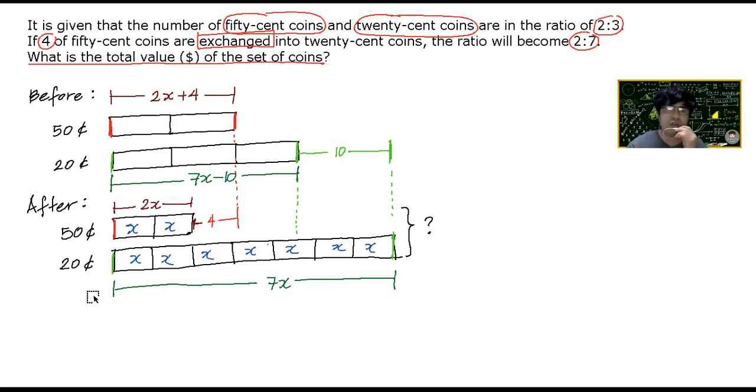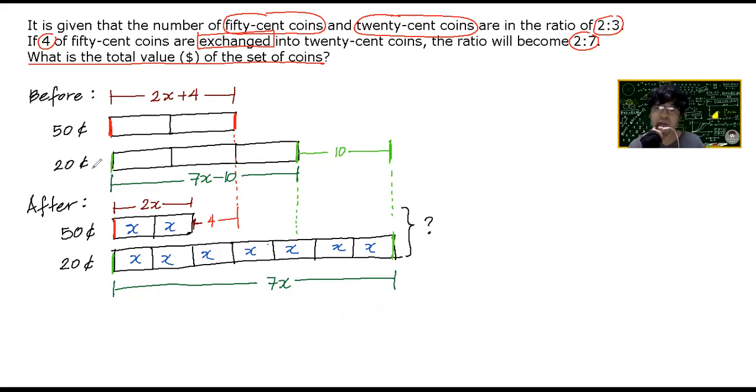Now, what you're about to find out is the total number or the total amount or the total value in dollars. Since this is the x, it's better for you to compare with before, to make an equation.